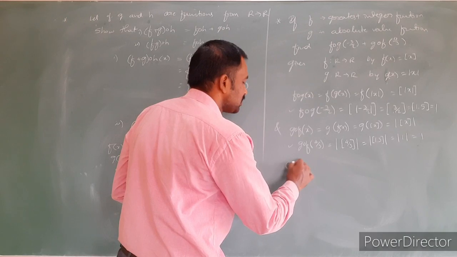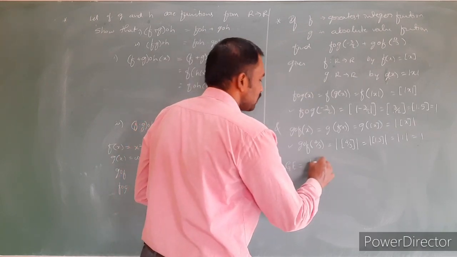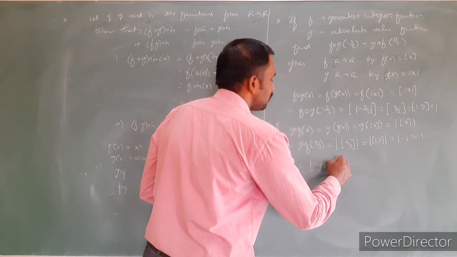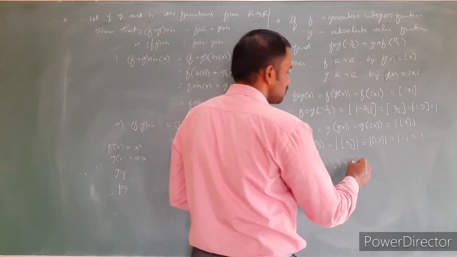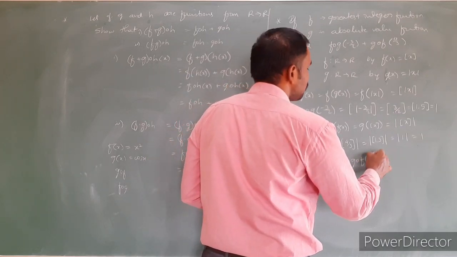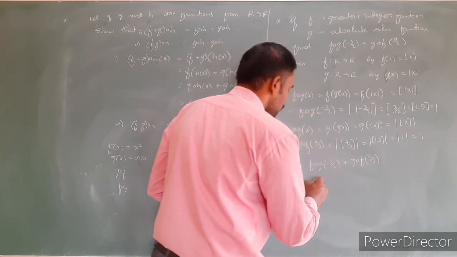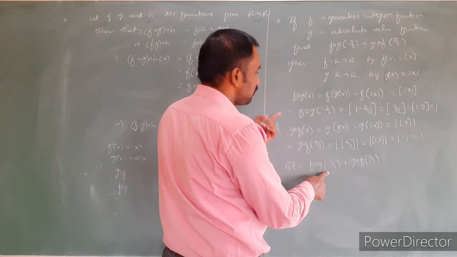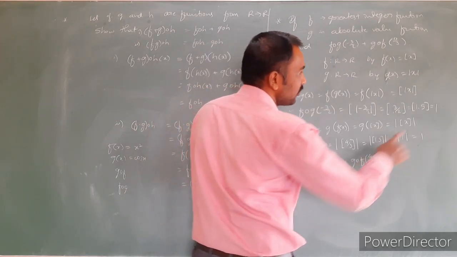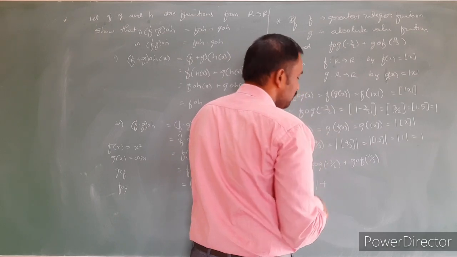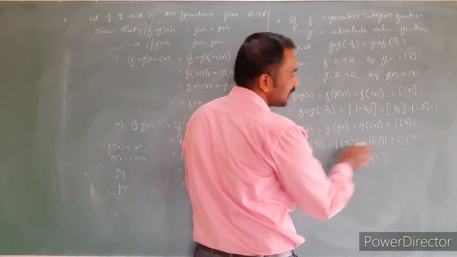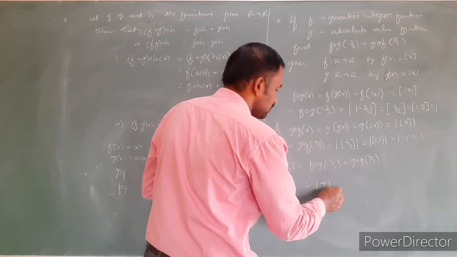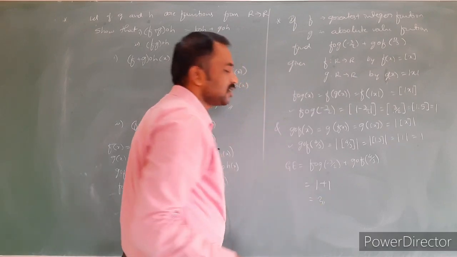Now the given expression is f circle g of minus 3 by 2 plus g circle f of 4 by 3. The value of f circle g of minus 3 by 2 is already 1, plus g circle f of 4 by 3, which we also found is 1. 1 plus 1 is equal to 2.